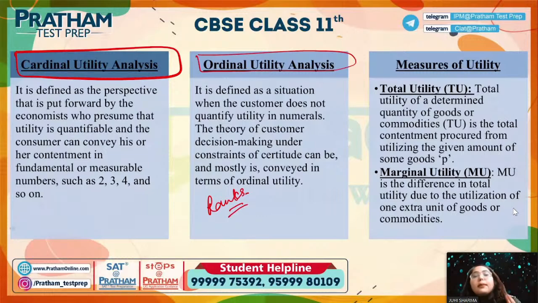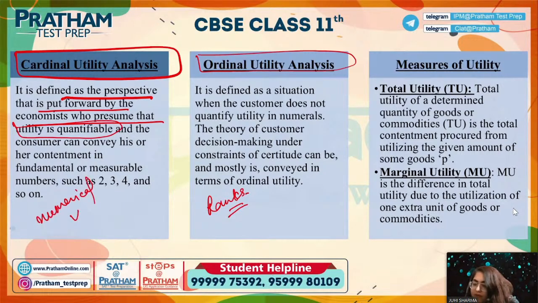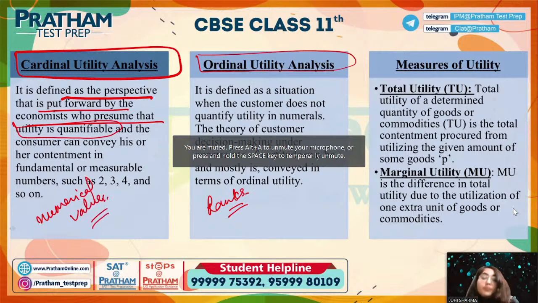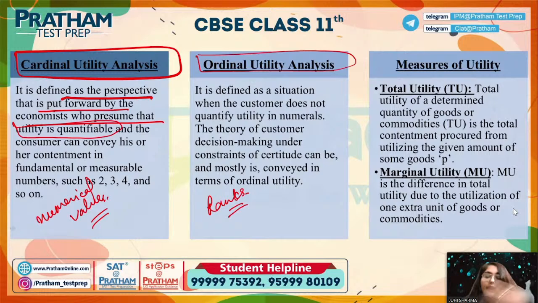So, going by the definition, cardinal utility analysis, what does it mean? It is the perspective put forward by economists who presume that utility is quantifiable, who say that utility can be put into numerical values like 1, 2, or 3. But let me tell you, this does not hold true in each and every case, right?